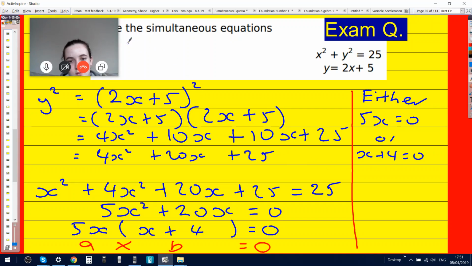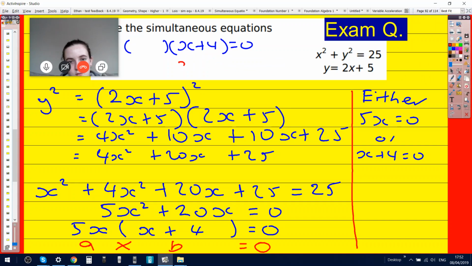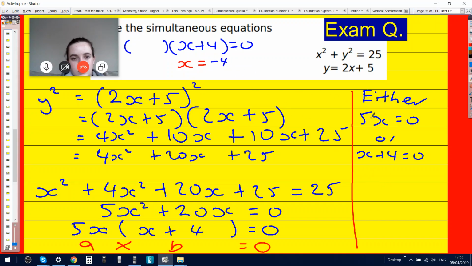If this was in a much harder question and you had double brackets and one of those brackets was x plus 4, you would get the answer right away for this bracket. Oh, I see. So x equals minus 4. Yeah. And the other possibility? 5 times x equals 0.